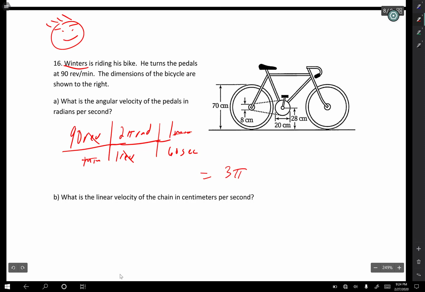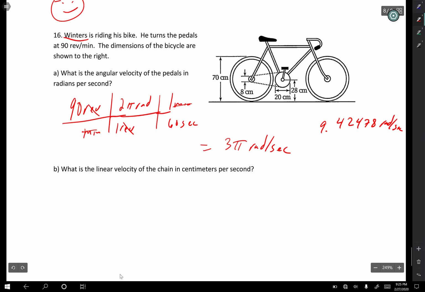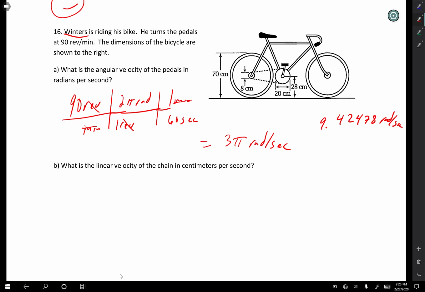Did I do all that correctly? 9 times 2 is 18, 180 pi over 60. Yeah, so 3 pi, and I need units, radians per second. If you don't want 3 pi, you can leave it as a decimal, 9.42478 rads per second. All right, what is the linear velocity of the chain in centimeters per second?